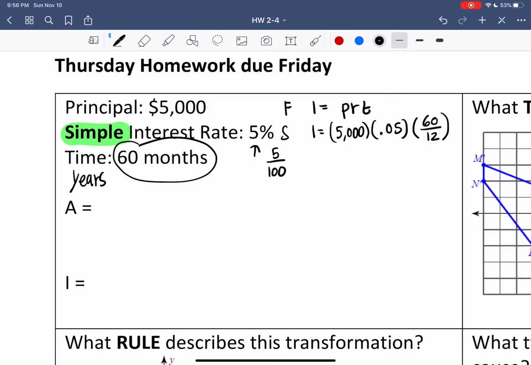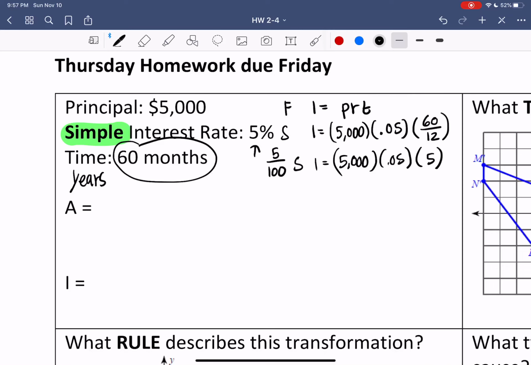And so from there, we can simplify that to 5,000 times 0.05 times 5.